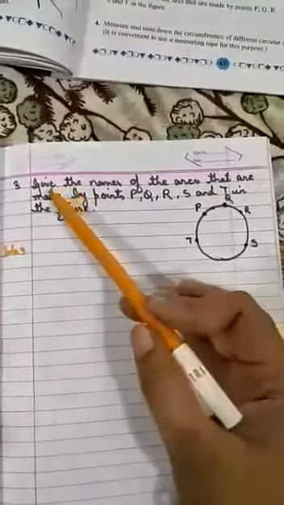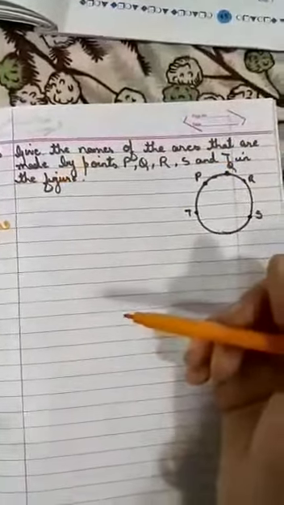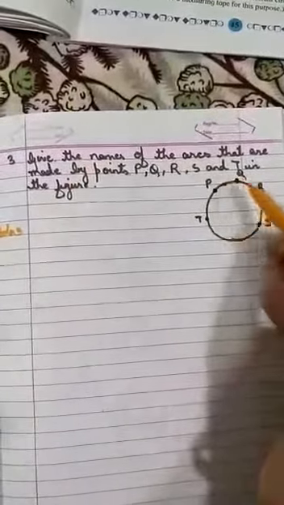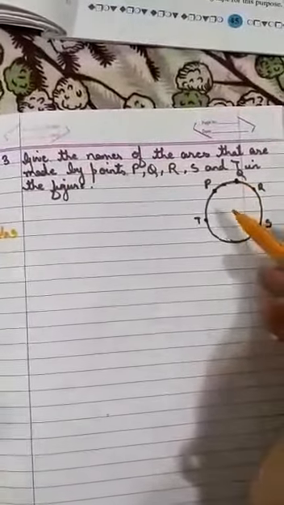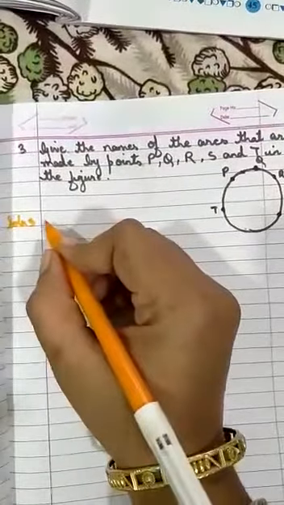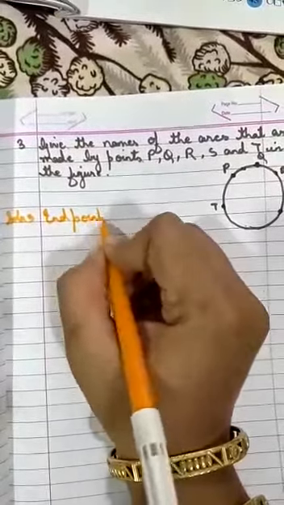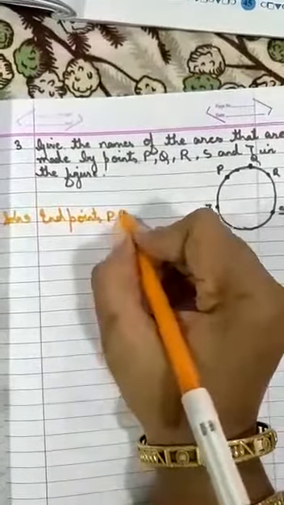Question number 3. Give the names of the arcs that are made by points P, Q, R, S and T in the figure. Understood? So here the points are given. We have to write the arcs as we have done previously. So first we'll take PR first. Endpoints PR.